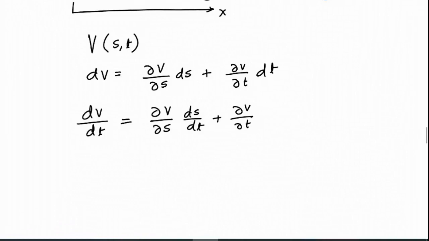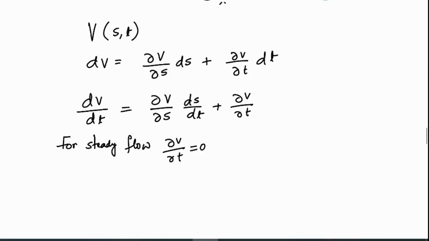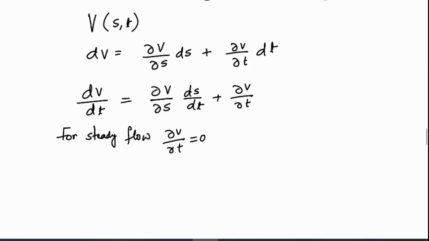So for a steady flow, this term is equal to 0. In that case, we can write velocity is simply a function of the spatial coordinate s. So v is simply a function of s.